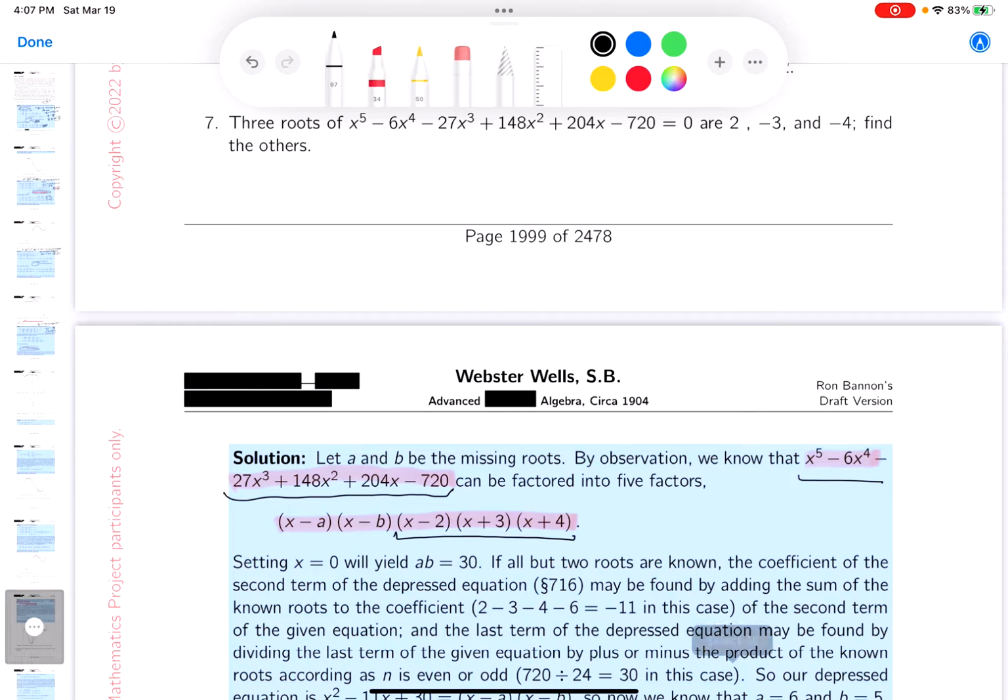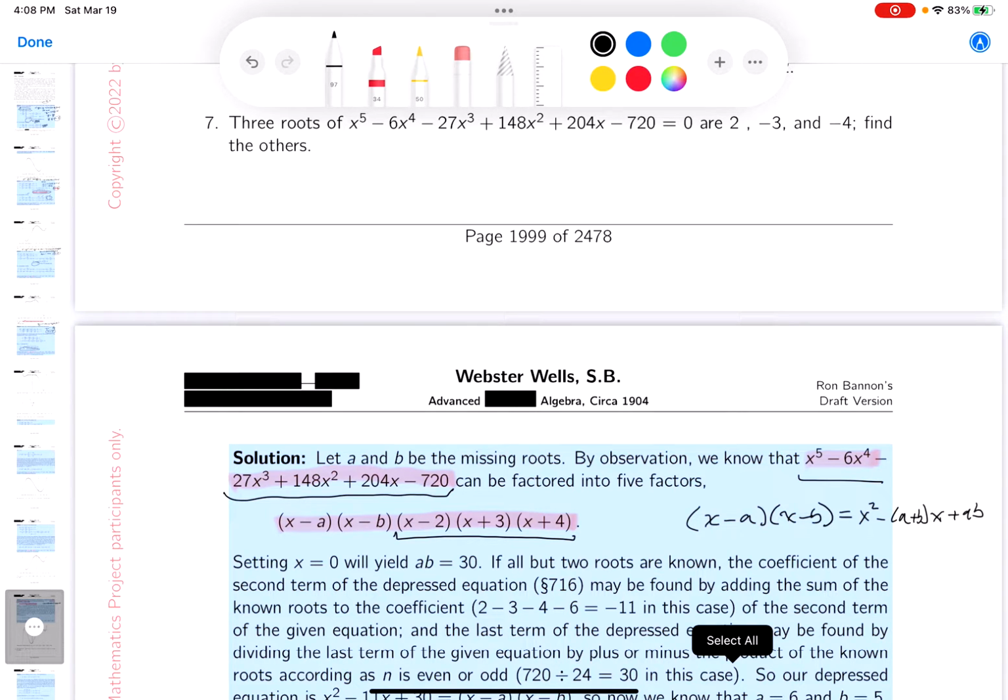And that depressed equation will be of the form x minus a times x minus b, which would be x squared minus ax minus bx. So let's simply say x squared minus (a plus b)x plus ab.